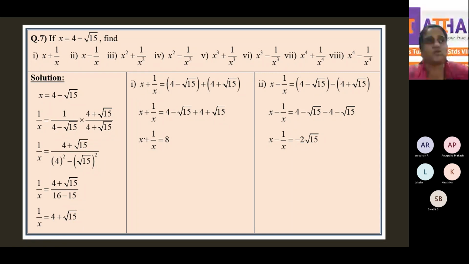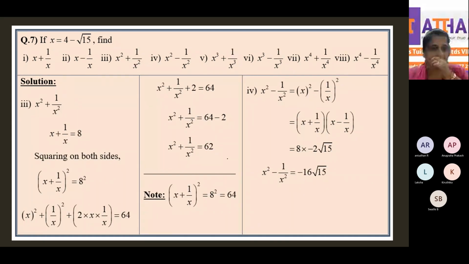Online students, are you all listening to me? Is it clear so far? Yes, ma'am, clear. Okay. We are talking about the next one, x square plus 1 by x square. To find that, you can either square this on both the sides, or you can square this on both the sides. Okay, so let's see that.